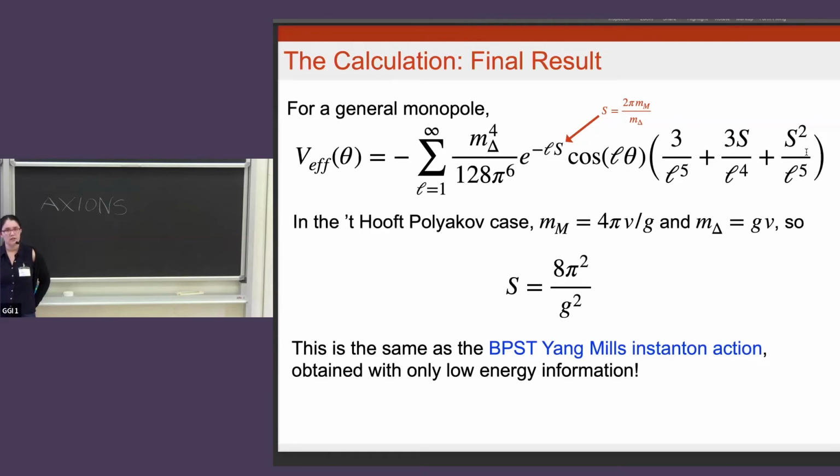There's probably a small subdominant shift I would expect, just the same way that whenever you have a pseudo-Goldstone, you can get a tiny shift in the VEV from a potential along the theta direction, but it's so subdominant, exponentially suppressed compared to the VEV, that it wouldn't be relevant.